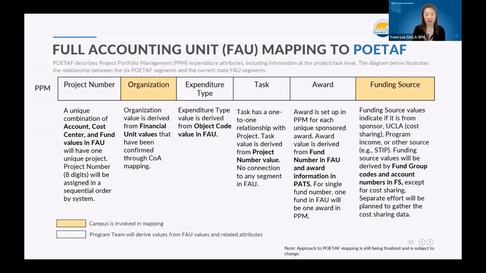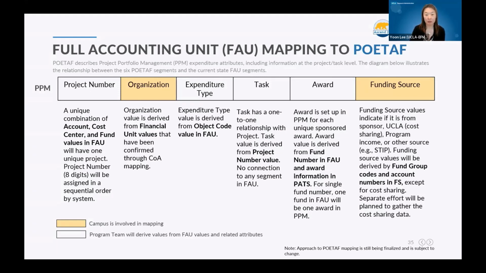Many of these segments of the POETAF are mapped to one or more segments of the FAU in the current state. And this slide explains what segments in the FAU will determine the value in the POETAF.